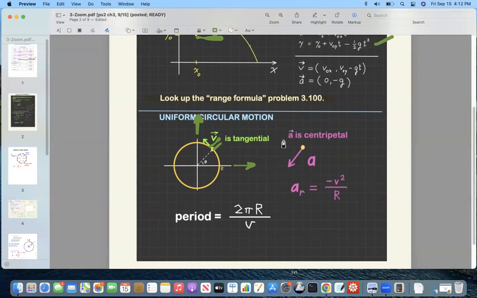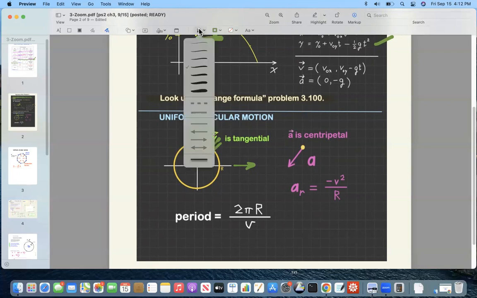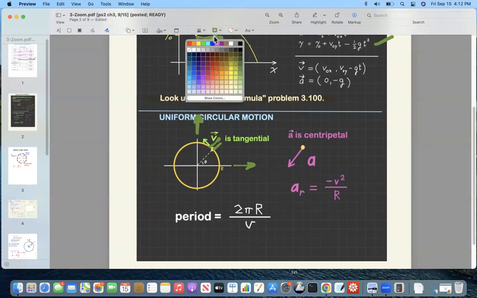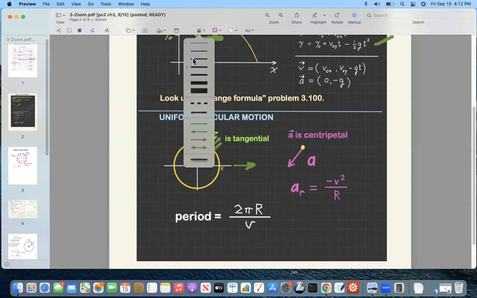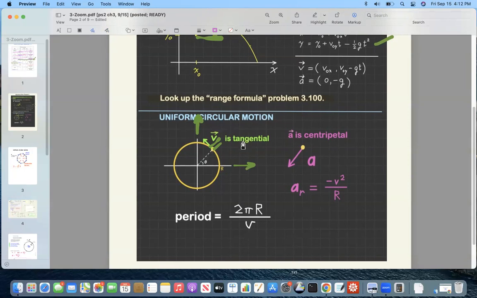Well, acceleration could be towards the center. In fact, if the speed is constant, which is often a problem we consider, that's called uniform circular motion.